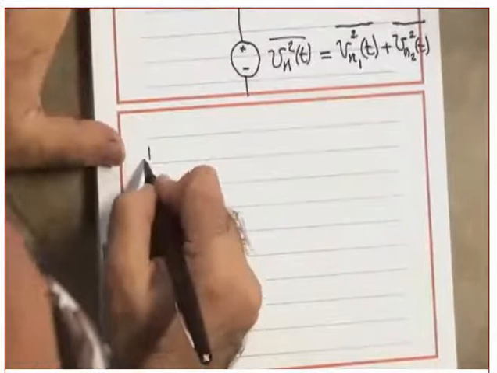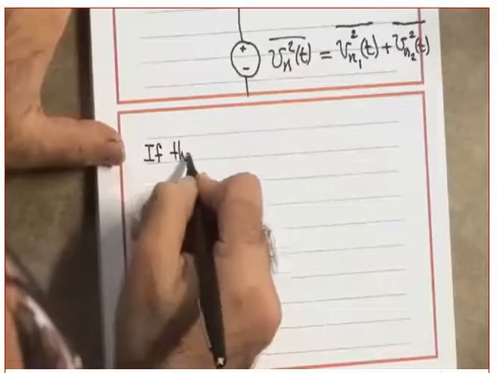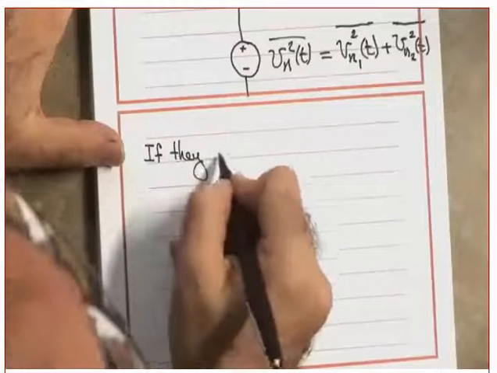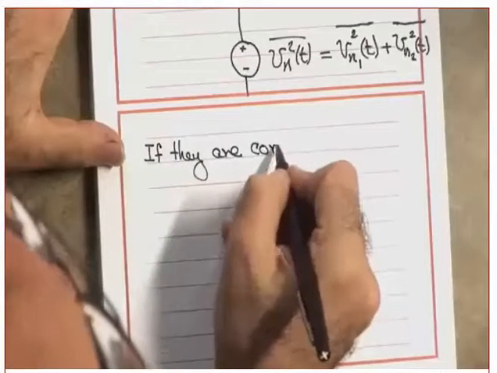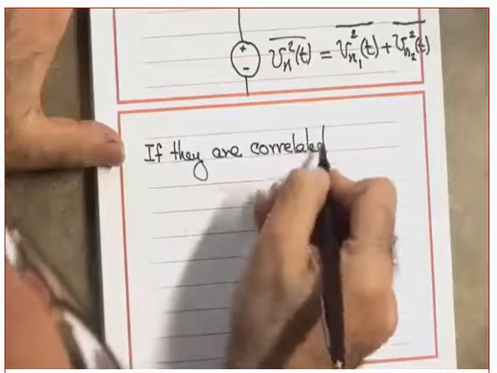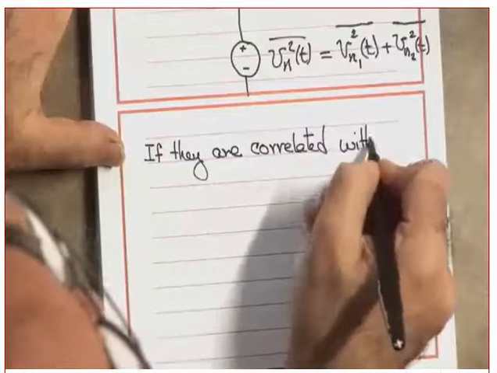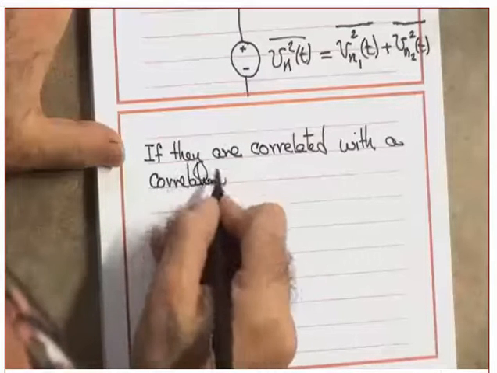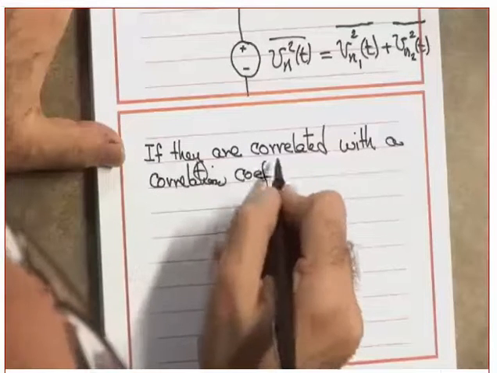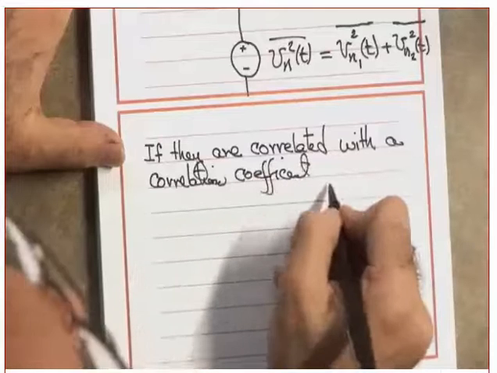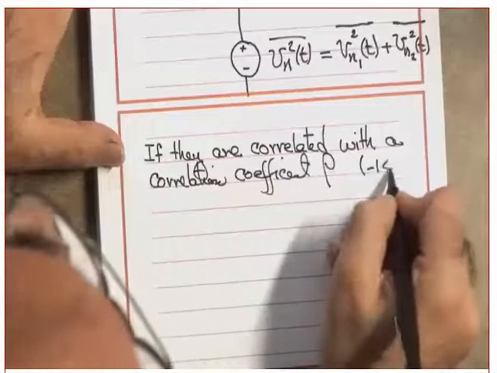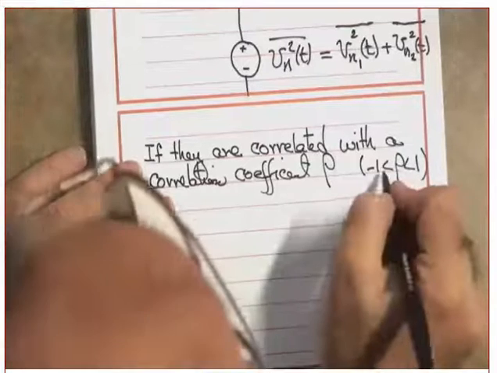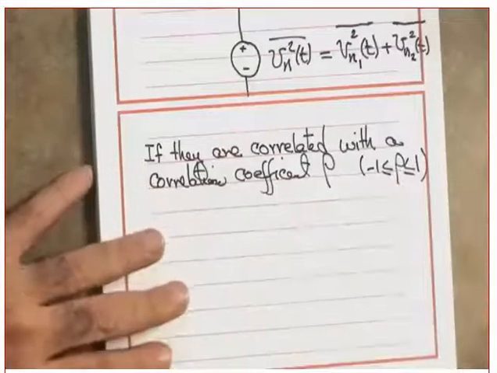If they are, who's they? The noise sources. If the noise sources are correlated with a correlation coefficient, rho is, by the way, between 1 and minus 1.